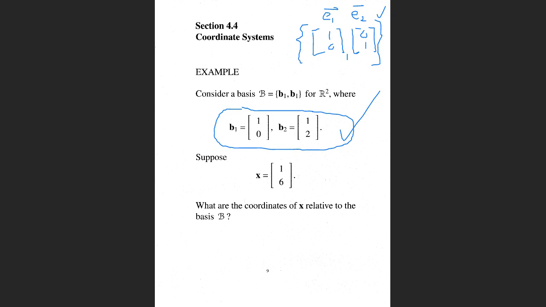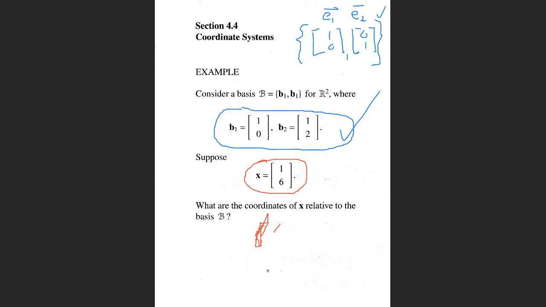So what we want to do is we have this vector 1, 6, and we want to find the coordinates of that vector relative to the basis B. Let me see if I can make this a little bit simpler.